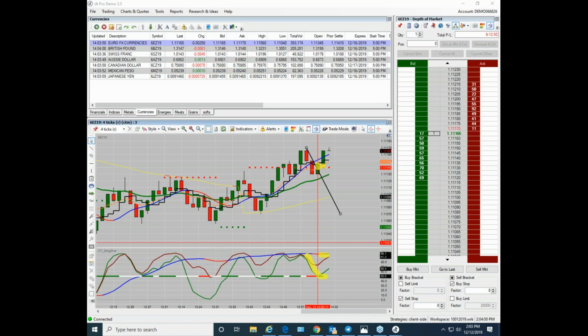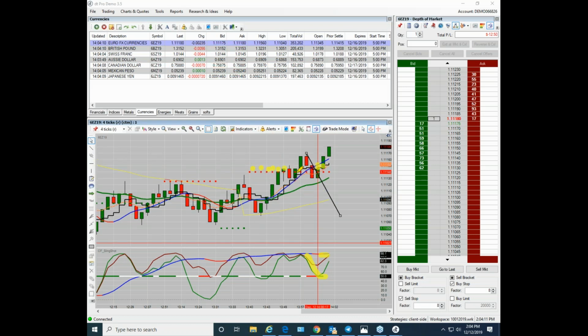So again, let's just go over that again. Dynamic resistance was broken. If we're leaning on support and resistance dots, we broke resistance. So that suggests the trend is continuing. So that's a good thing. So we go through the motions.